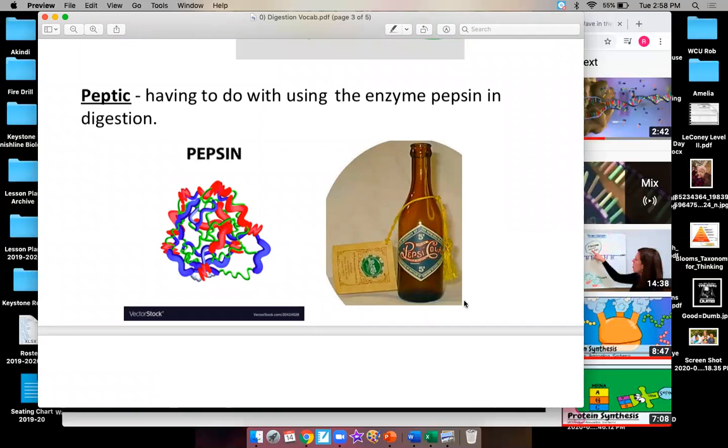And originally, just a fun story, Pepsi, the soda, was originally designed by a pharmacist to be a medicine to help you, he claimed anyway, digest your food better. So he named it after the Greek word for stomach. It doesn't actually contain pepsin. I just want to show you the connection between the names. These all have to do with your belly. All have to do with your stomach.